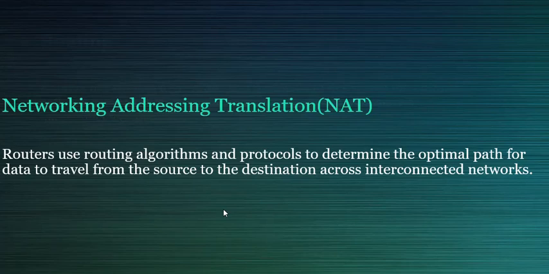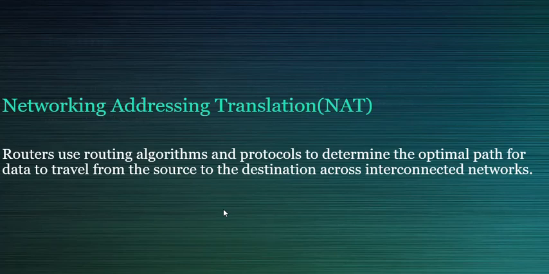Network Address Translation (NAT). This is the protocol in which routers use routing algorithms and protocols to determine the optimal path for data to travel from the source to the destination across interconnected networks.